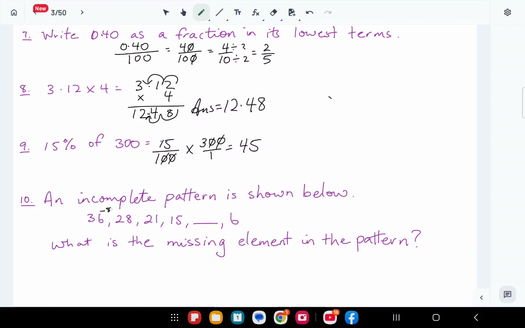So 36 take away 8 is 28, take away 7 is 21, take away 6 is 15, take away 5, sorry, will give us 10, take away 4 is 6. So the answer is 10.